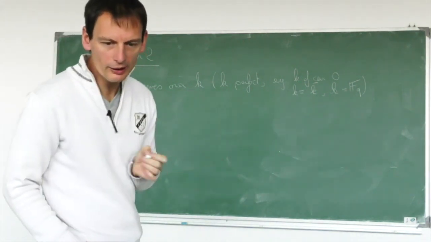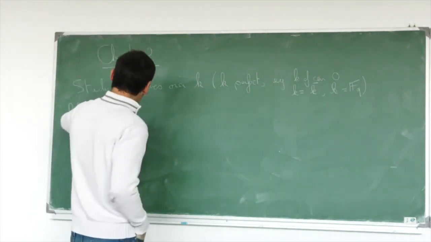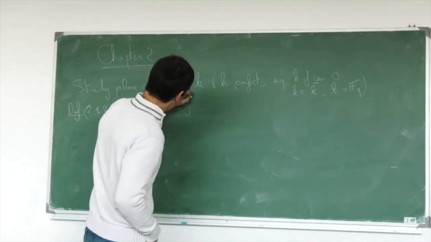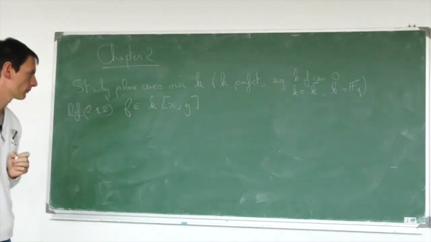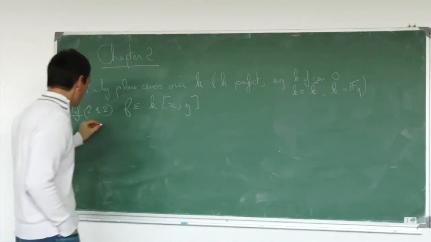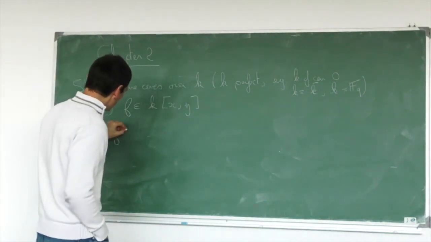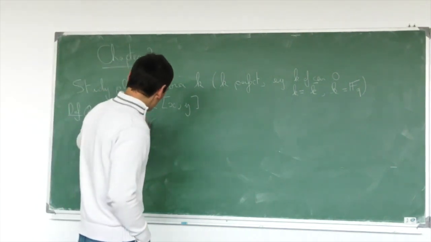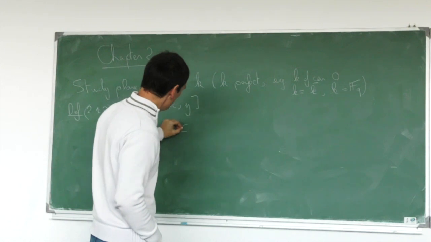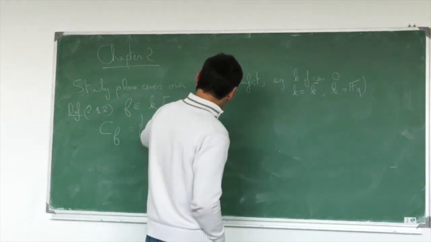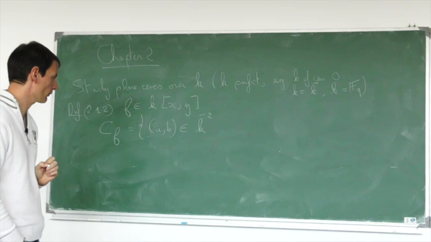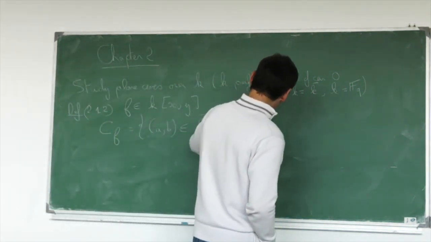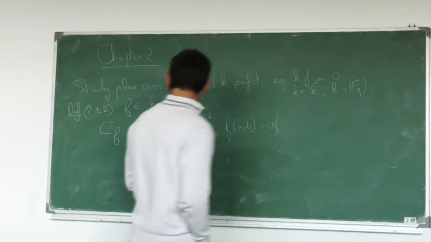I'm going to define, given f, a polynomial in two variables over k, C of f as the set of (a, b) in k bar squared such that f(a, b) equals 0.